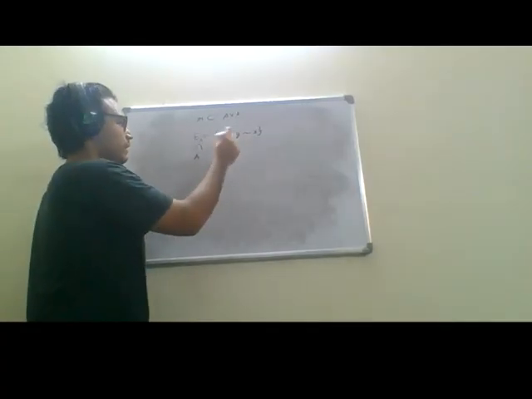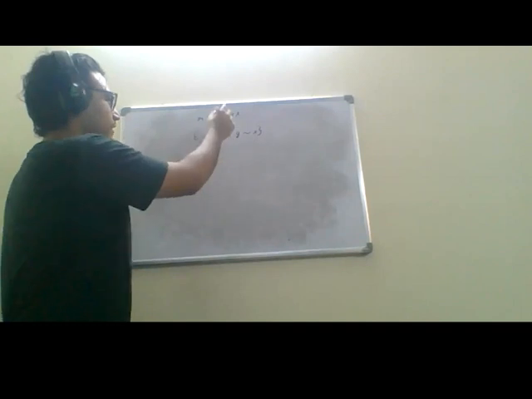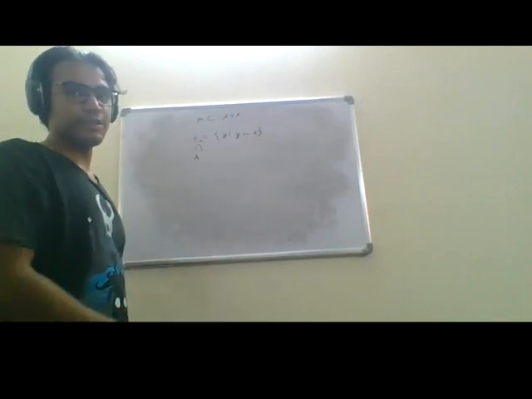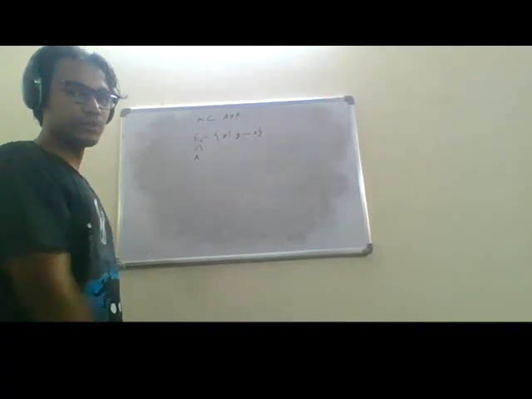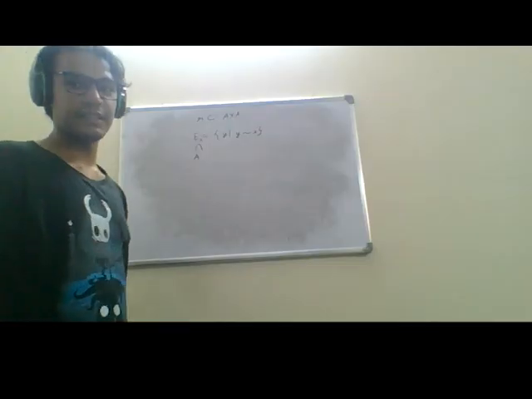So E of X is the set of Y in A such that Y ~ X. Because it's a relation on A cross A, both the ordered pairs are going to lie in the set A itself.